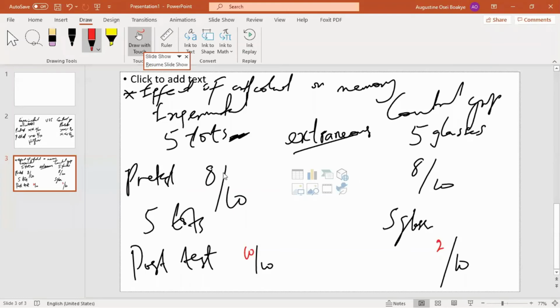So at the pretest level, the experimental group average score was 8/10, the control group 8/10. And after taking the 5 shots of alcohol and 5 glasses of water, the post-test score of the experimental group was 10/10, and the post-test score of the control group was 2/10. What will be your conclusion for this experiment?